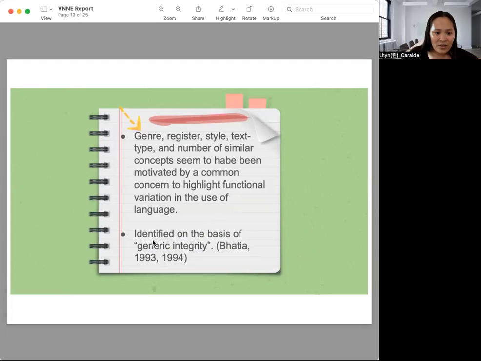And this also identified on the basis of generic integrity. So different genres and different registers, the styles and the text type.